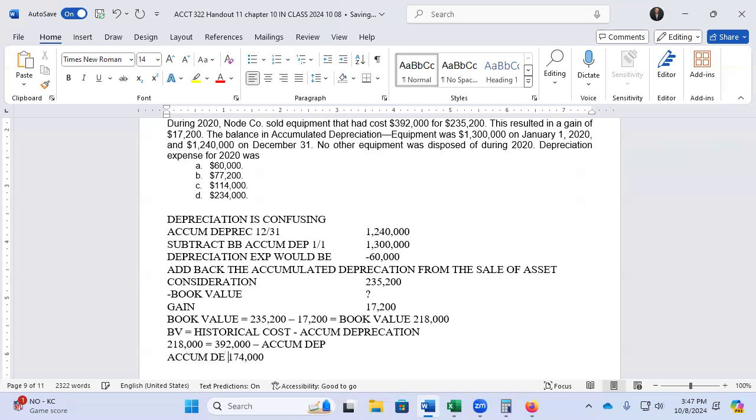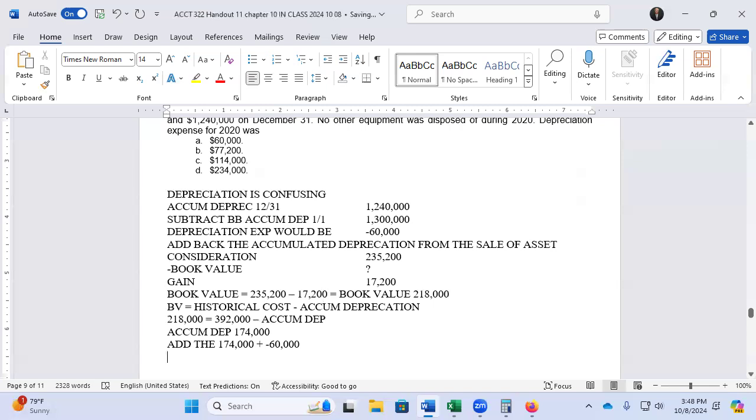Sorry. And then so we add the 174 plus the negative 60,000. And that gives you 114,000. Sorry about that. Got a step ahead of myself.